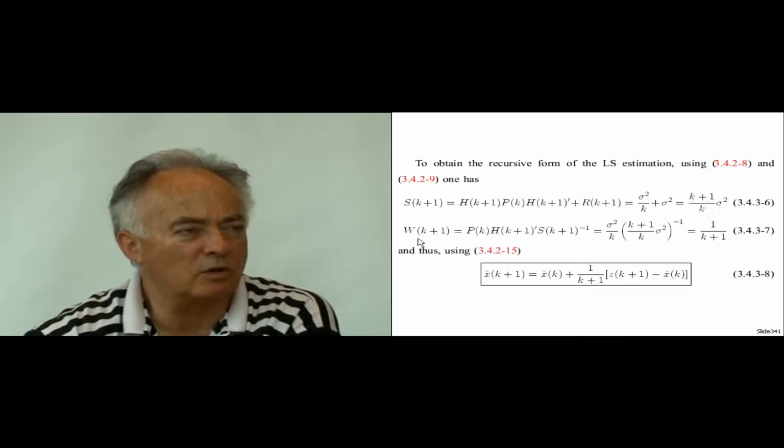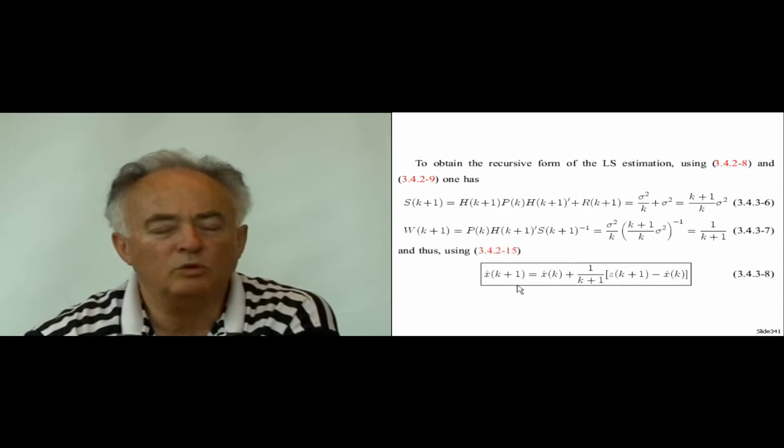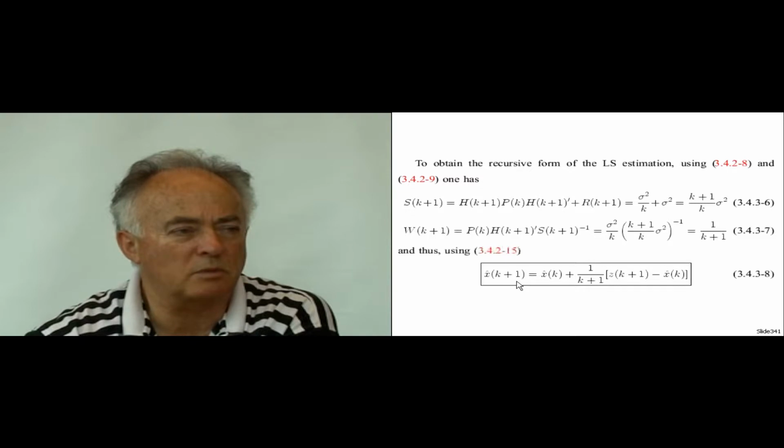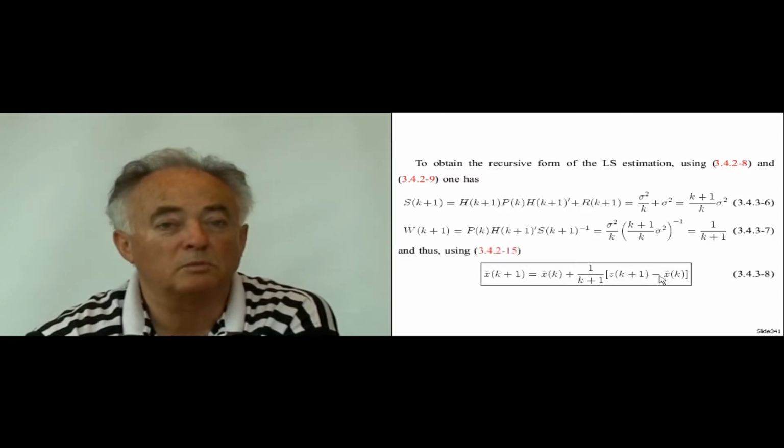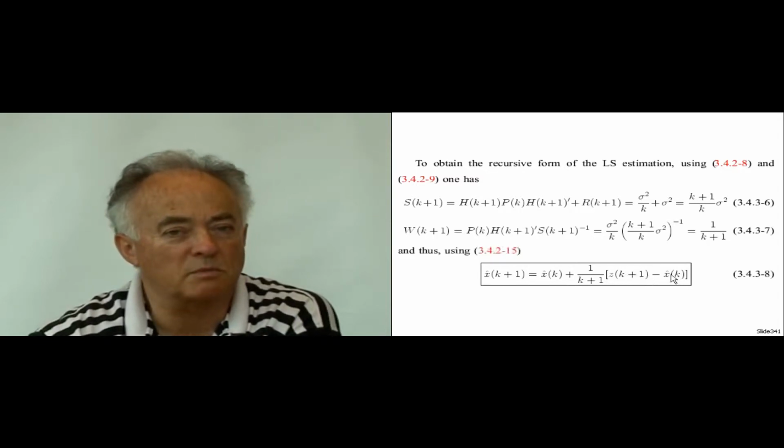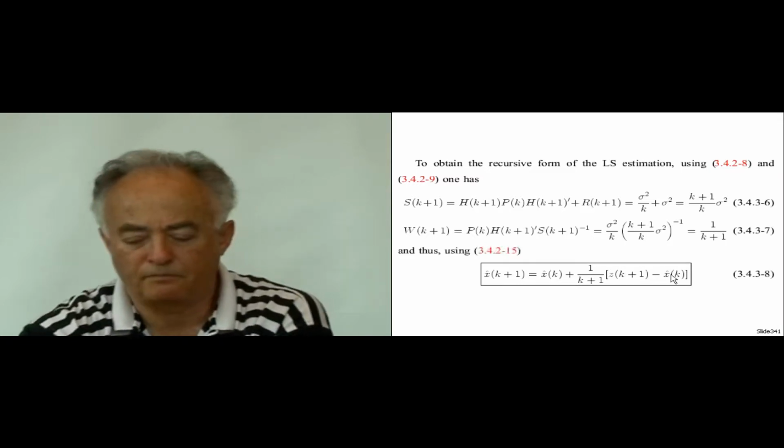And again, W, that's P H prime S inverse, and that gives 1 over k plus 1. So now we can go to the final recursive form of the least squares and obtain that the new estimate is the old estimate plus 1 over k plus 1 times the residual, which is the latest measurement minus the previous estimate, because the previous estimate is the best prediction for the latest measurement.